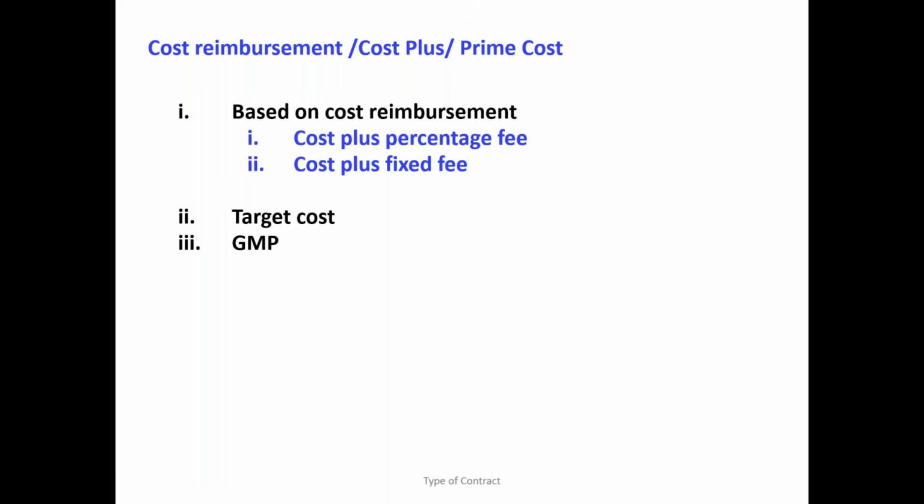Have it, it's very helpful for you all. So we have 4 variants: cost plus percentage, cost plus fixed fee, target cost, and GMP.